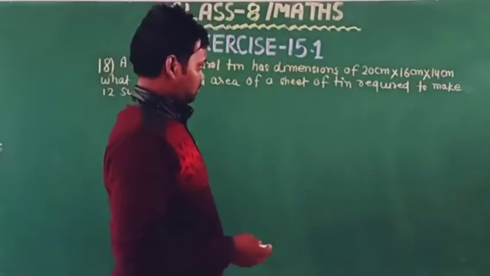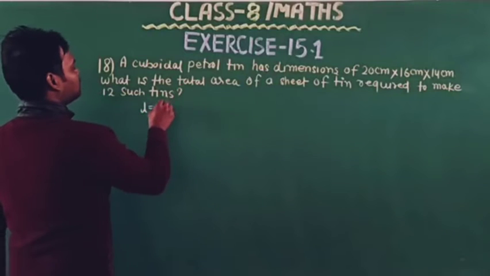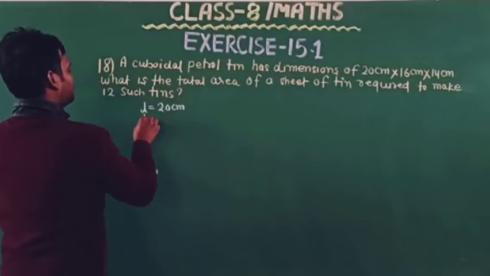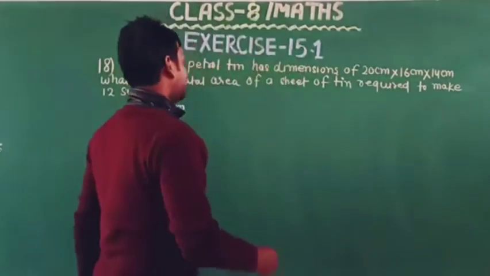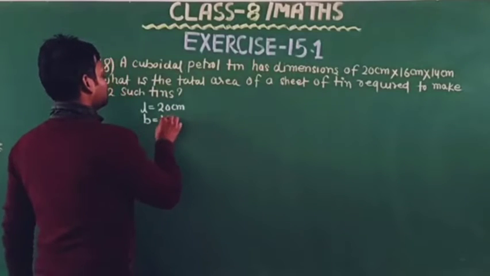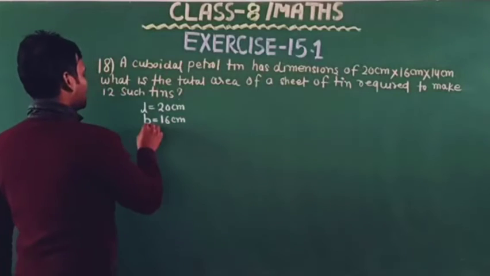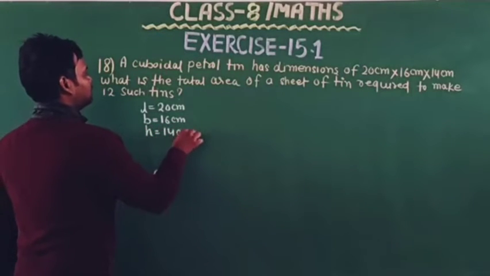So here the dimensions of the petrol tin are given: length equal to 20 centimeter, breadth equal to 16 centimeter, and height equal to 14 centimeter.